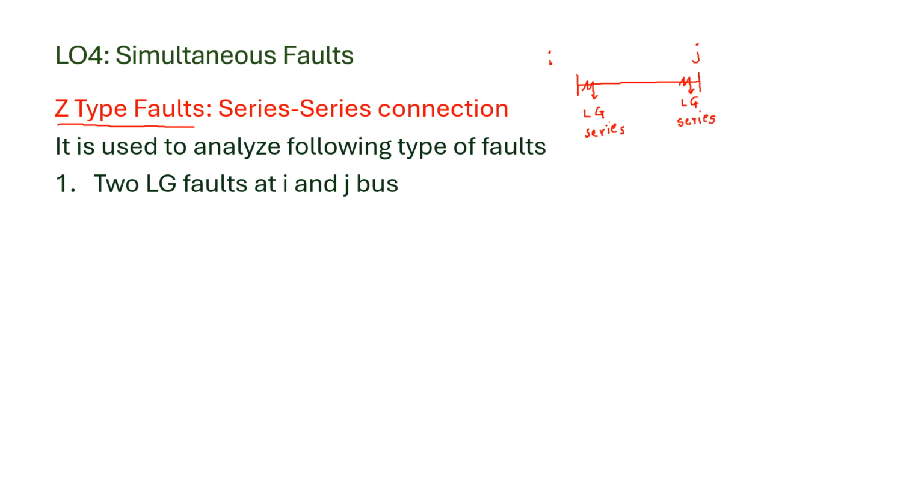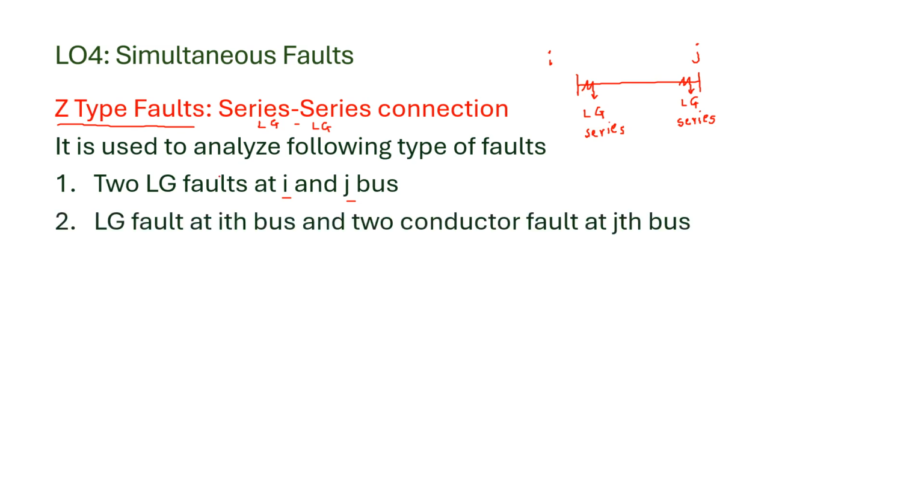So whenever two LG faults take place at ith and jth bus simultaneously, it is called a Z type of fault. Now why it is called series, you understood. There is an LG fault for which there is a series connection of sequence networks. There is also an LG fault at another location. For that also the sequence networks are connected in series. So it is called a series connection.